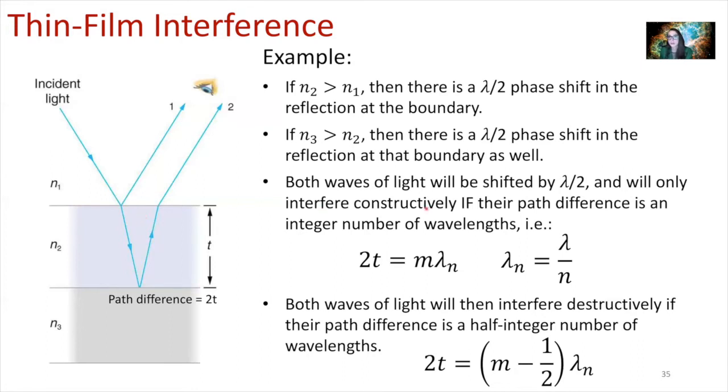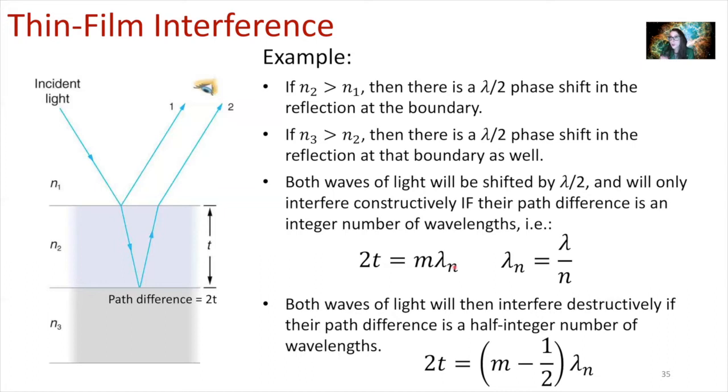So if the path difference between this wave that reflects off the top of the film and the wave that reflects off the backside of the film is an integer number of wavelengths, then we have constructive interference. So in this case, we would have 2t is equal to m, that's our integer number of wavelengths, are we thinking about the first order reflection, second order reflection, third order reflection, and so on, times the wavelength.